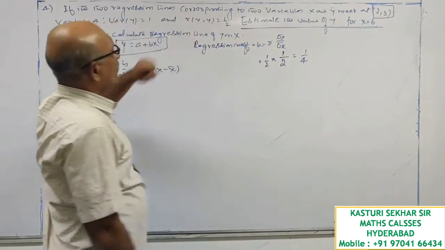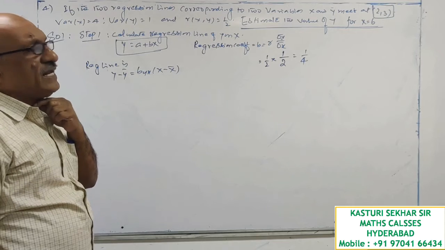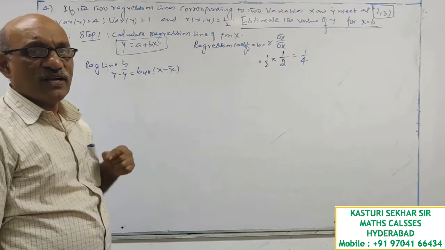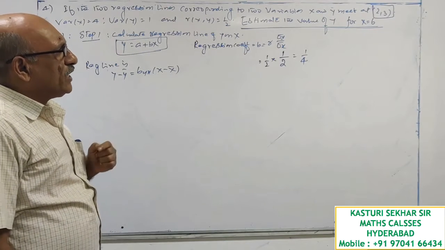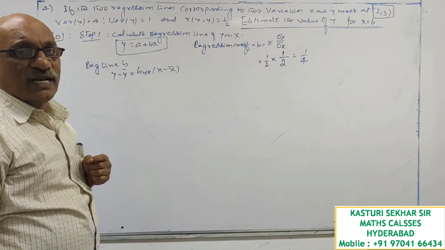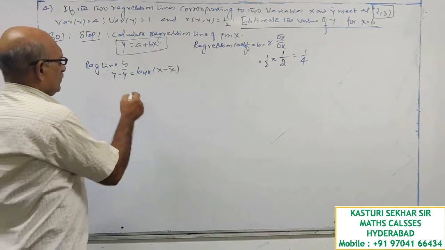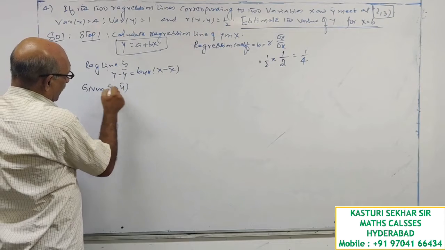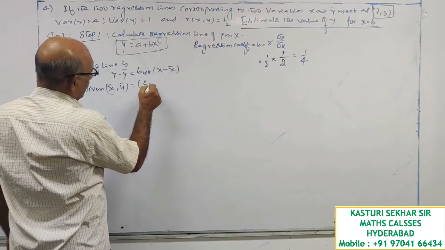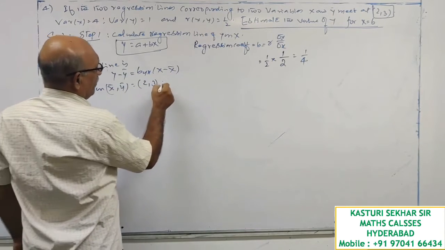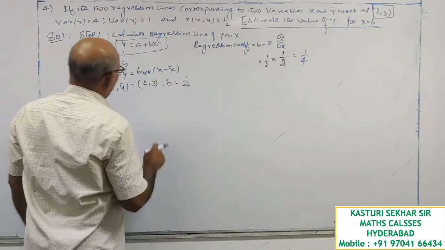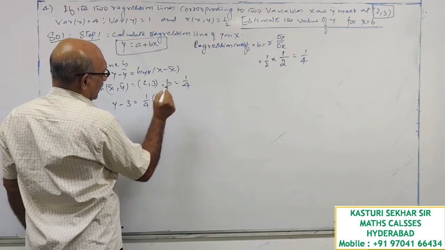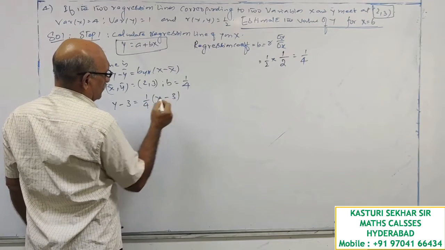The two regression lines are meeting at the point (2, 3). Meeting means it is their point of intersection. Two regression lines intersect at the point x bar, y bar. So x bar, y bar is equal to (2, 3). The b value we already calculated is 1 by 4. Substituting here, y minus 3 is 1 by 4 into x minus 2.